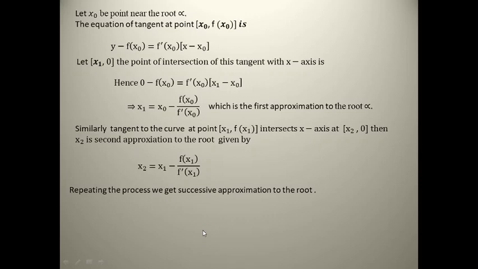So every time we are dropping the tangent at a point on the curve, and its point of intersection with the x-axis is considered as the successive approximation to the root. Because of this, this method is called the tangent method.